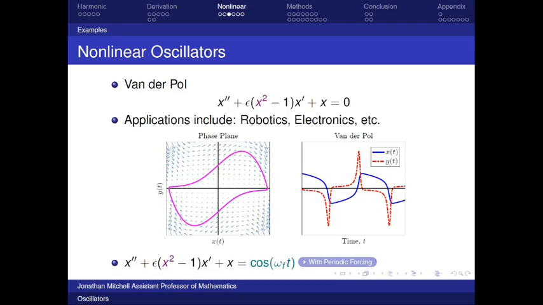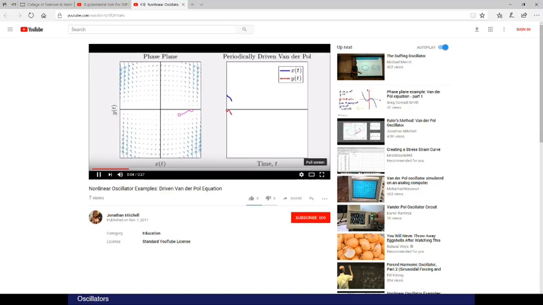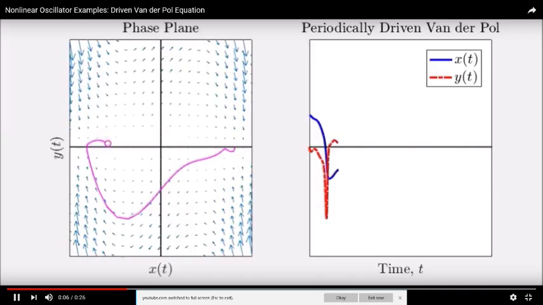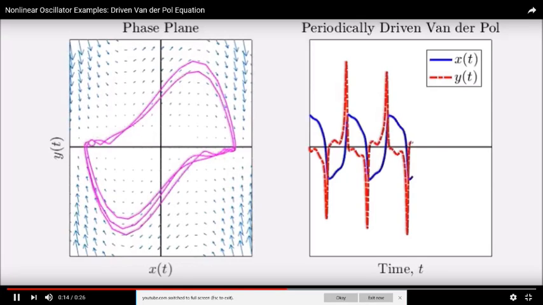If you want to see what the van der Pol looks like under forcing, then you're like, okay, what's going on? If you periodically force the van der Pol oscillator, then all sorts of fun things can happen. This is a highly nonlinear oscillator. I tried to show you guys the nonlinearity in the equation.